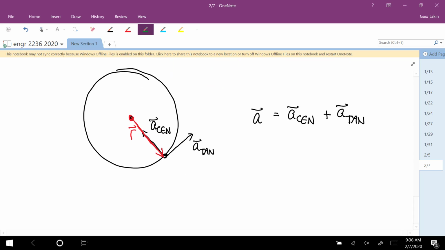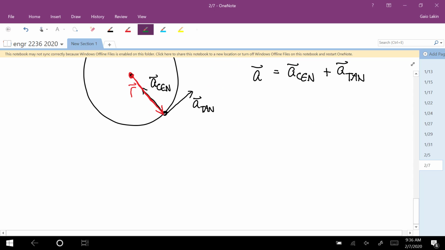There's one counterexample. We've done the relative motion equations.